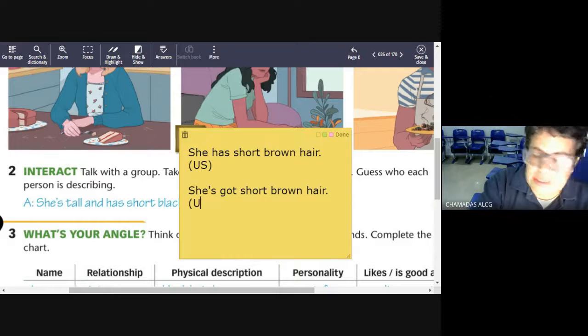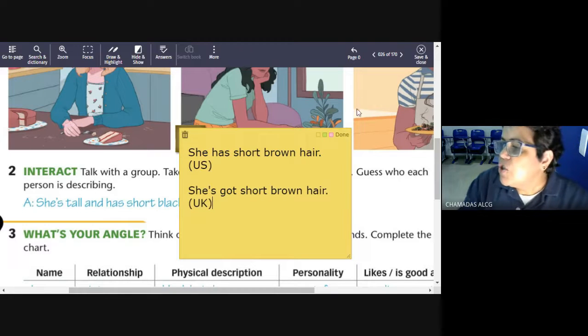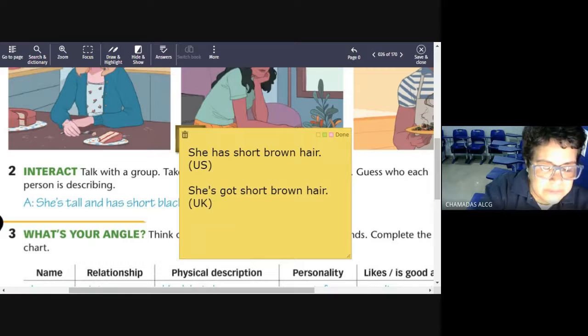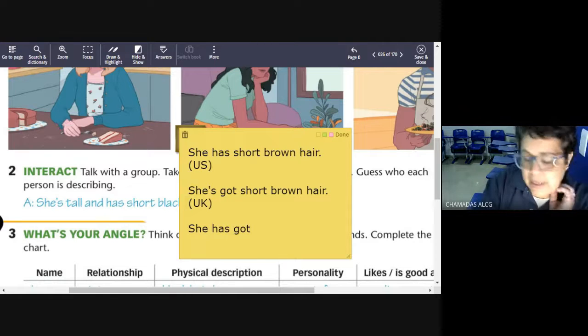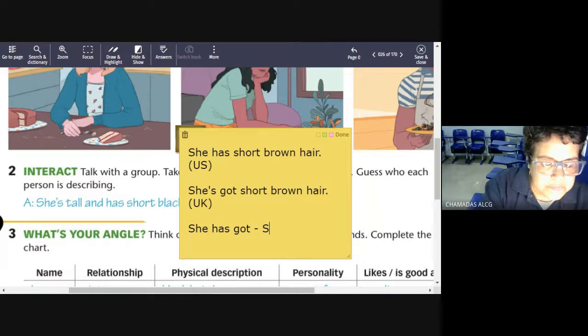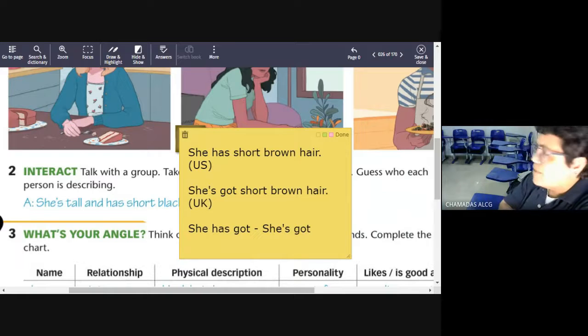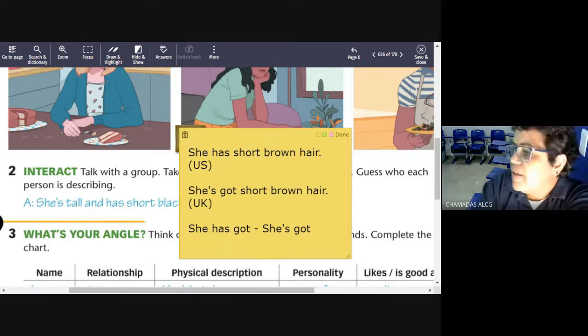So this is in the UK. She's got is the abbreviation of she has got, okay? All right. Now, this is the way we use to describe people in terms of physical characteristics, okay?